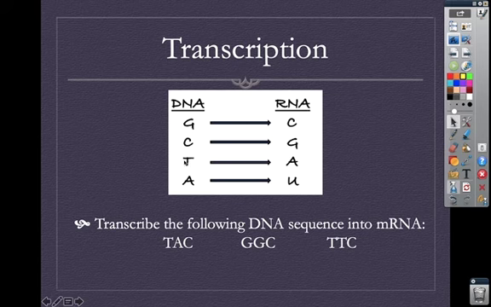If there's a T, or thymine in DNA, that still codes for A, or adenine, in the RNA molecule. Here's where it differs, right here. Remember, DNA has adenine and thymine. RNA does not contain thymine at all. So when there's an A in DNA, it now codes for U, uracil. So the U replaces the T.